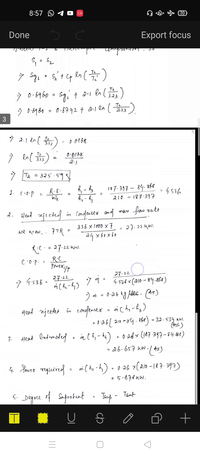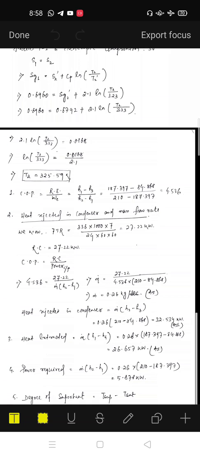Similarly, the heat extraction rate from the evaporator will be mass flow rate into H1 minus H4. The result will be 26.657 kilowatt. If the question says to find the heat extraction from the evaporator per kg, don't multiply by the mass flow rate.